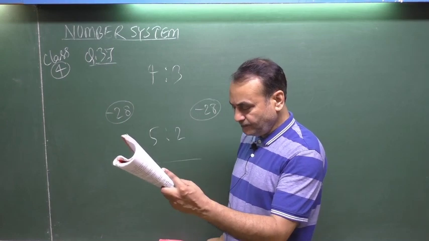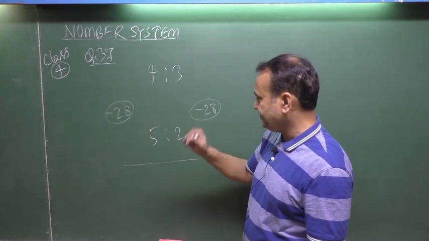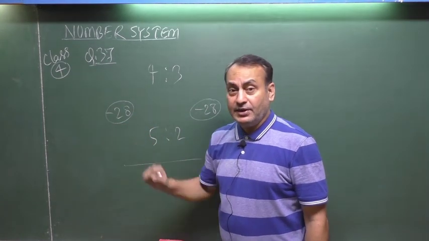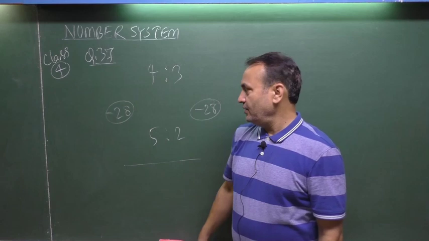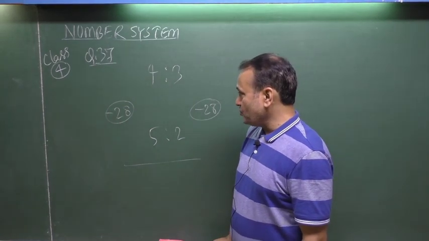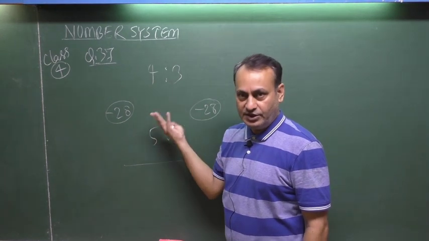See here. What is the smaller number? The same number has been subtracted from both, and the ratio changes from 4:3 to 5:2.